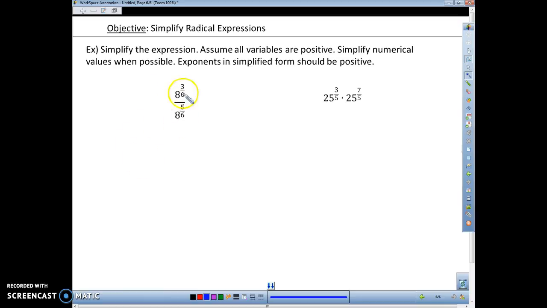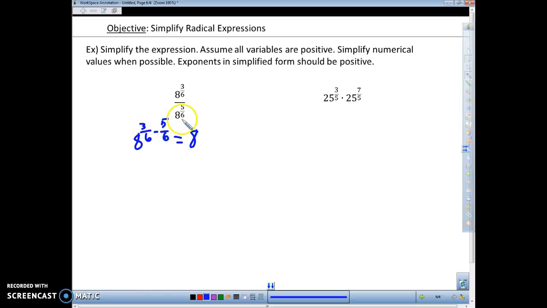Well, I have the same base with exponents, so the quotient of powers property says I can take 8 to the power of 3/6 and subtract the value of the second exponent with the same base. So 8 to the 3/6 minus 5/6, well, I can subtract and add only if I have the same denominator. So here I have 8, and they both have a denominator of 6, so I'm in business.